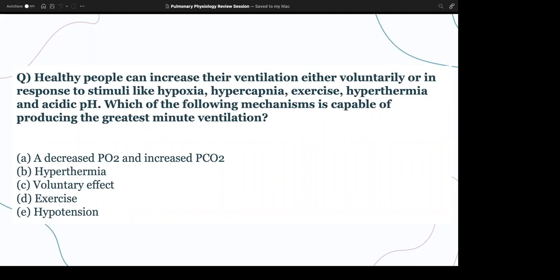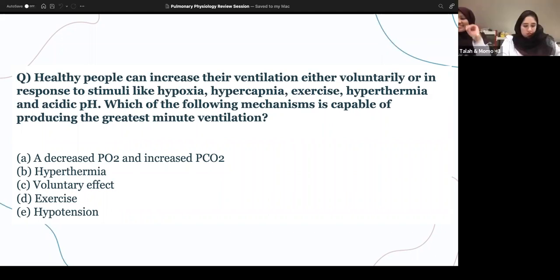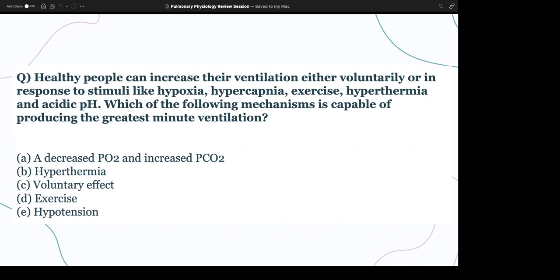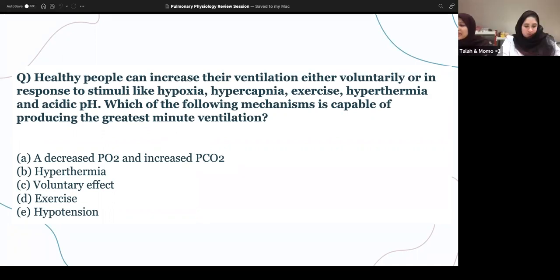The last one, the 8th? It was the last slide, a bar graph. It's voluntary, then exercise, then PCO2, pH, PO2. But just know voluntary control affects it the most.